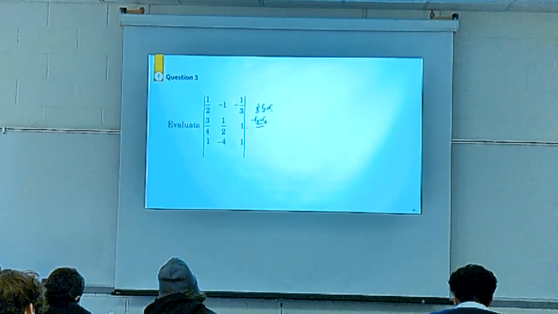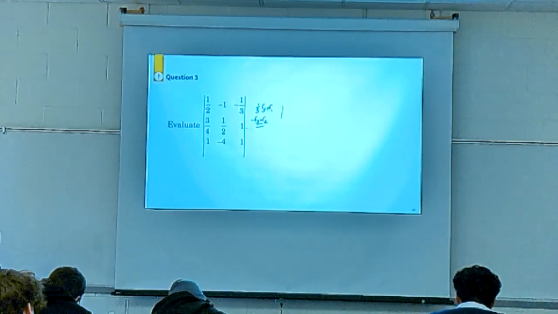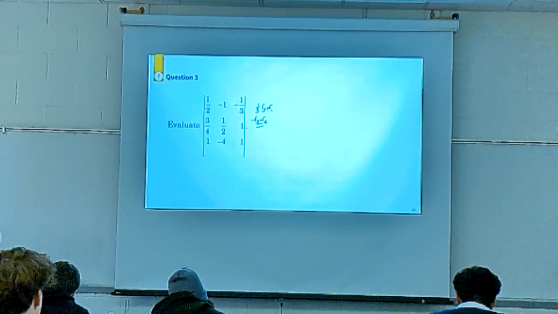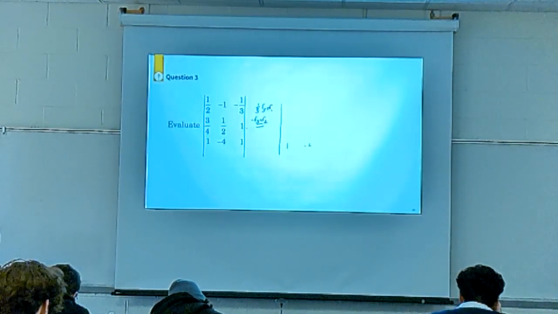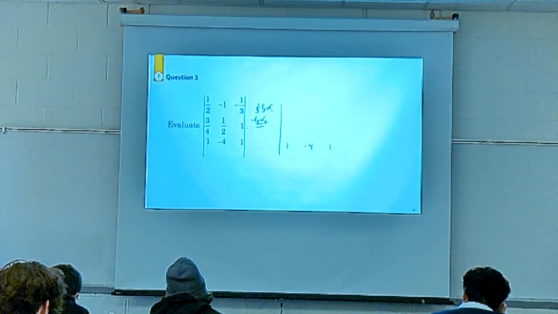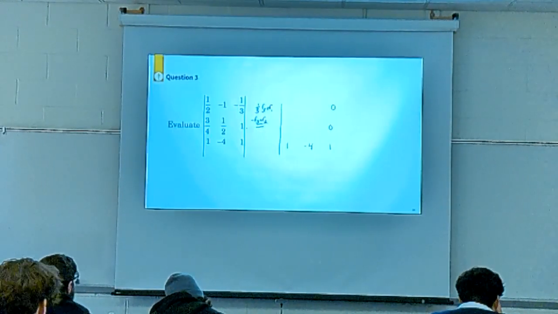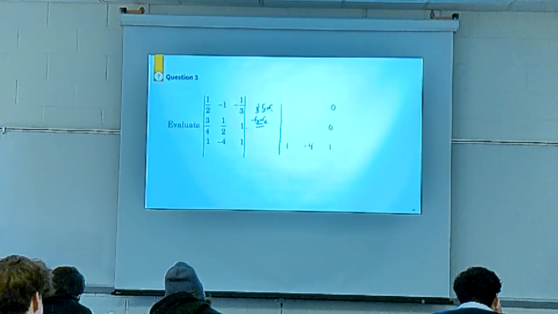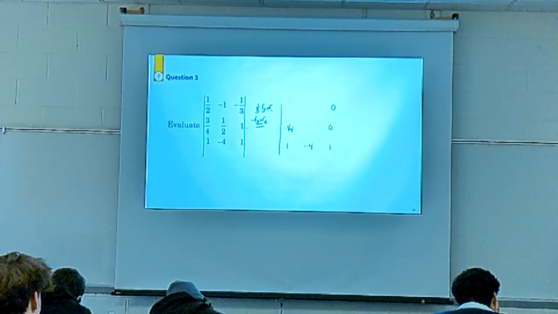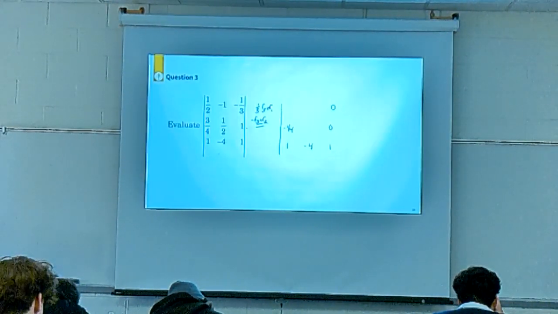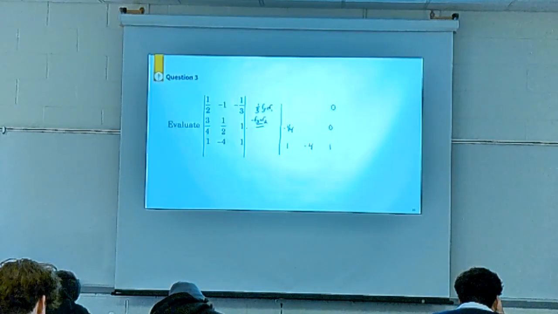So that would be us. That would be 0. Negative 1 3/4 is -1/4. 4 plus a half, 9/2.